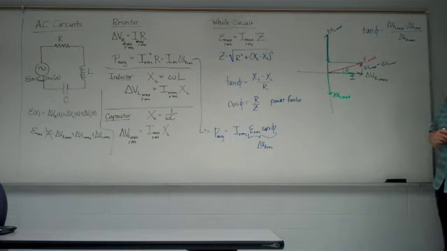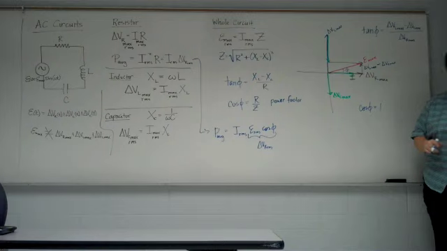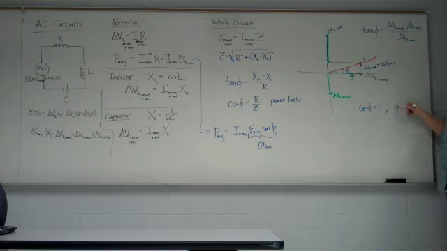The maximum possible power that can be supplied to the circuit is when cosine of phi is 1, which means phi is 0, which means the current and the voltage are in phase with each other. The source voltage and the current are in phase.